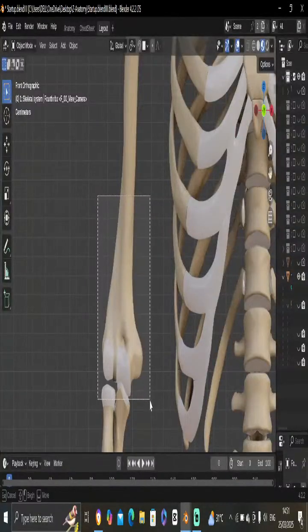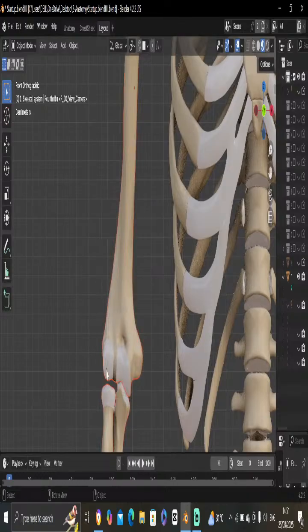We can see some interesting bony landmarks or structures there. We start from this line over here. This is known as the supracondylar ridges. We can see there's the medial and the lateral supracondylar ridges.